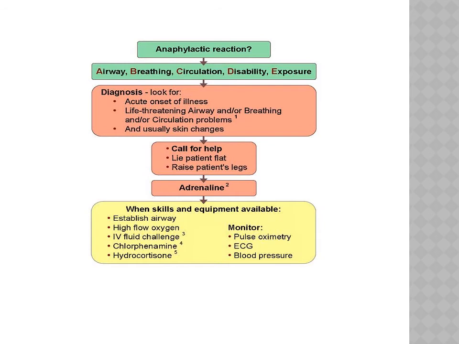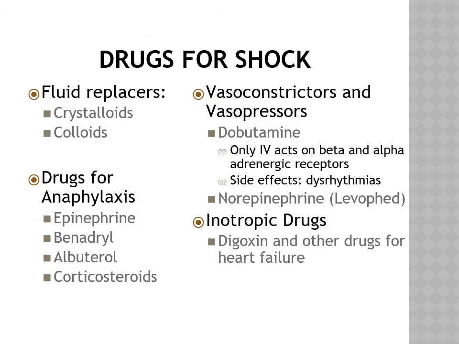Really, for these patients, they may need medications to sort of stop the allergic reaction process. So high-dose steroids. A lot of times these patients would receive things like epinephrine to vasodilate and increase the circulation to the vital organs. So here is a list of the drugs for shock, or the medications for shock.